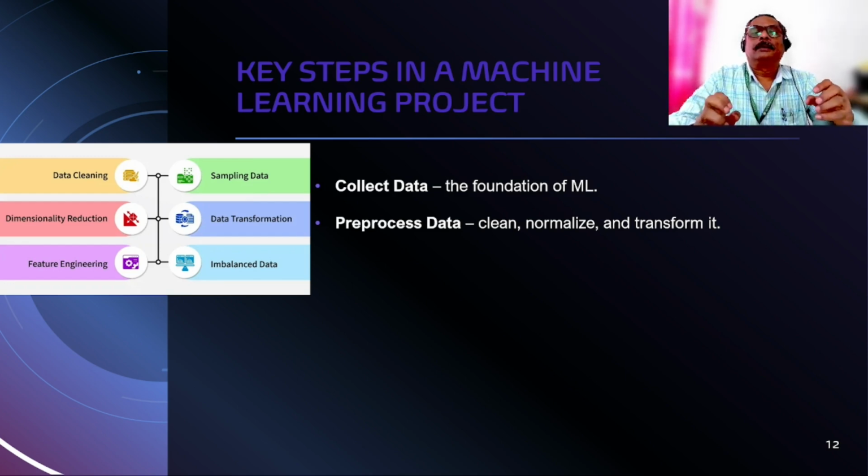If one input is in ones and tens, and another input is in thousands, then the variation in thousands can hide the variation in ones and twos of the other input. The parameter which is varying in thousands may not allow the parameter varying in ones or tens to be visible in the overall global scenario. So to make sure that each one is equally visible, we need to normalize them.